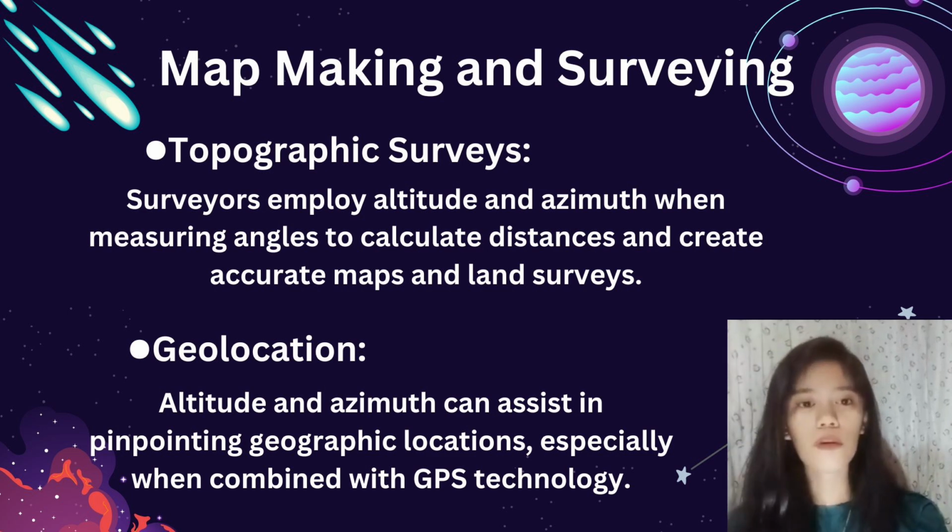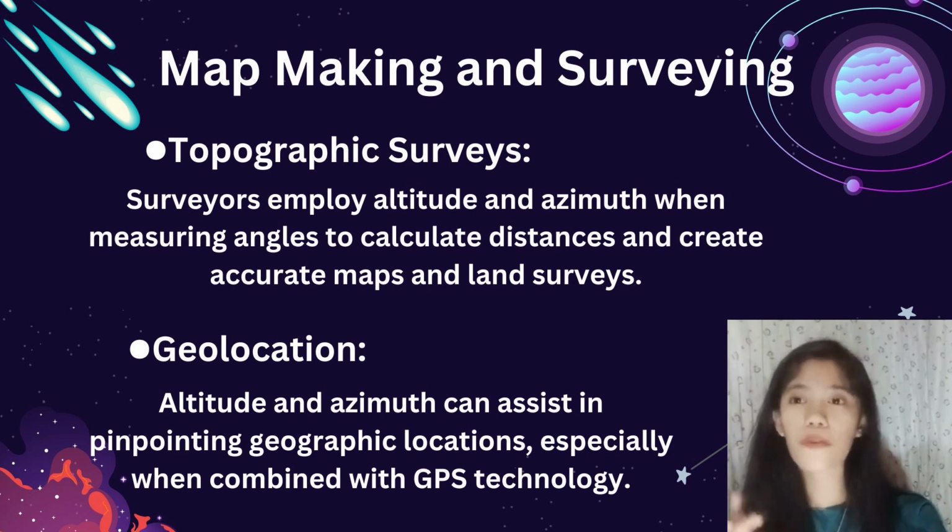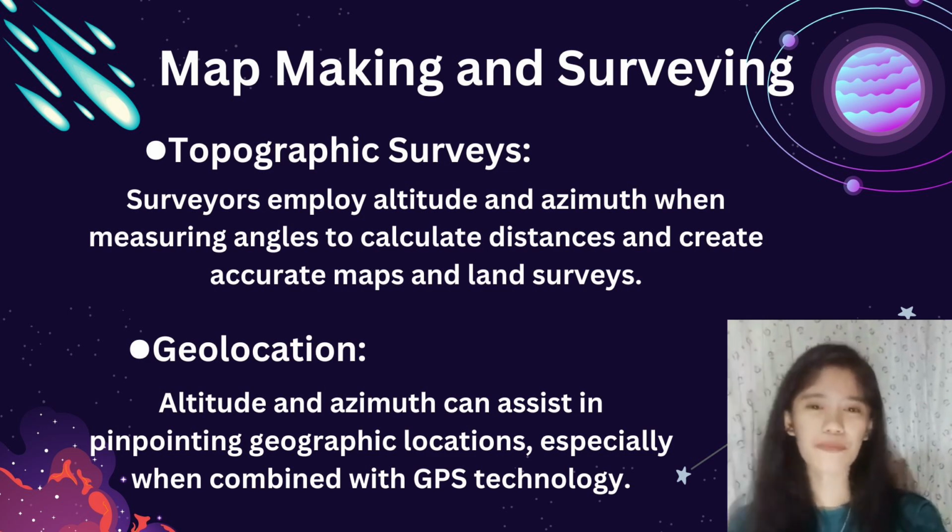For instance, altitude data can represent elevation changes as contour lines, while azimuth dictates the orientation of features on the map. Topographic mapping, urban planning, and environmental assessments all benefit from the integration of altitude and azimuth measurements derived from GPS technology.